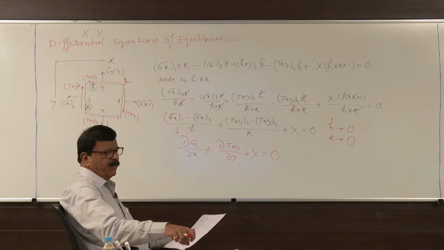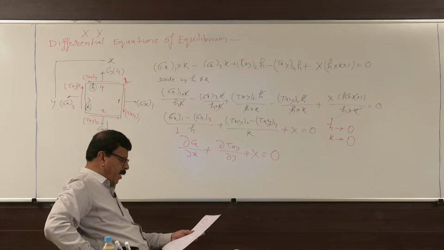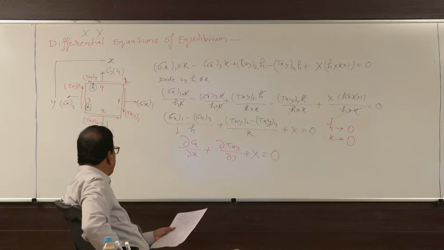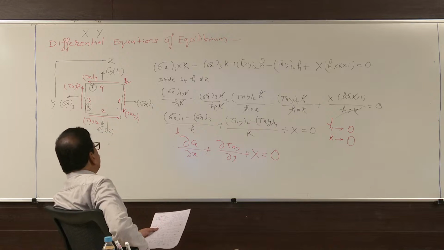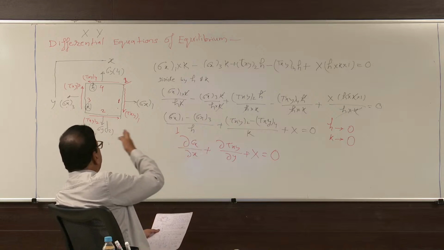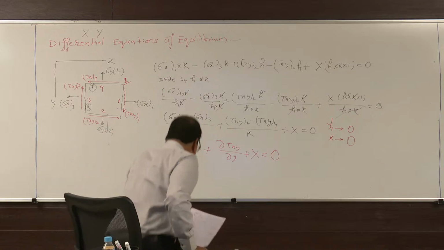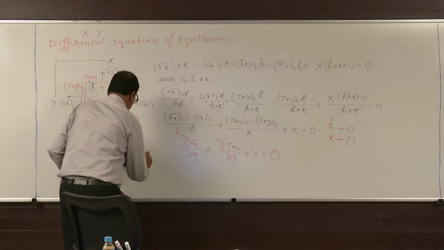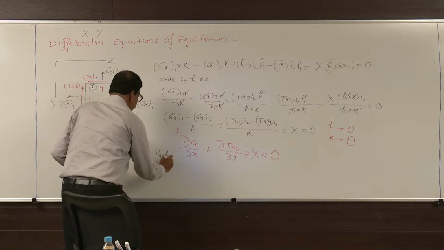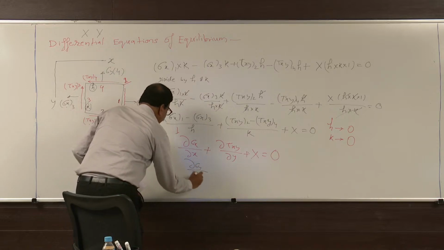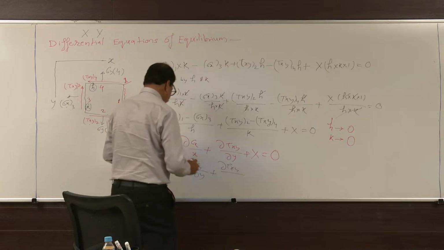Similarly, you write down for the y. You can do this in the x direction, and similarly in the y direction you will get del sigma y upon del y plus del tau xy upon del x.